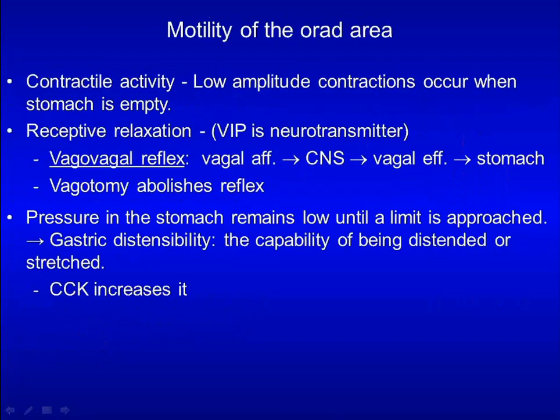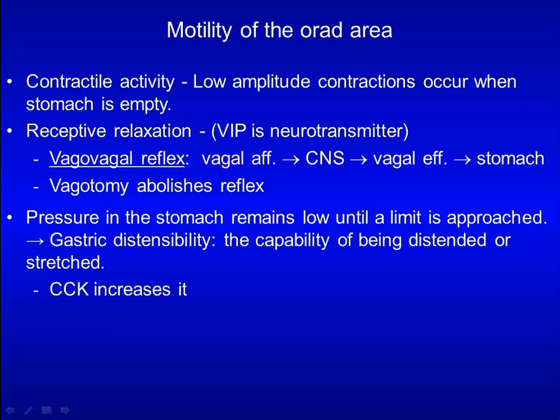When the stomach is empty, low amplitude contractions occur in the orad smooth muscle. When food is coming, vagal reflex triggers receptive relaxation of the orad area.